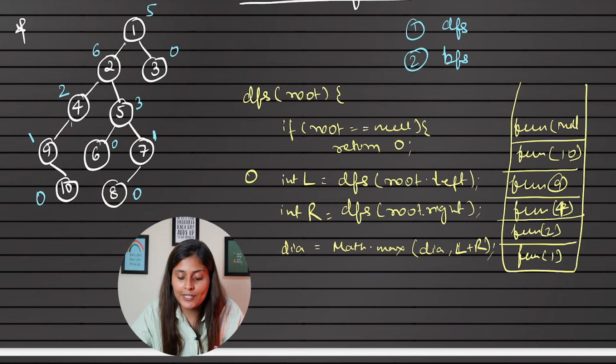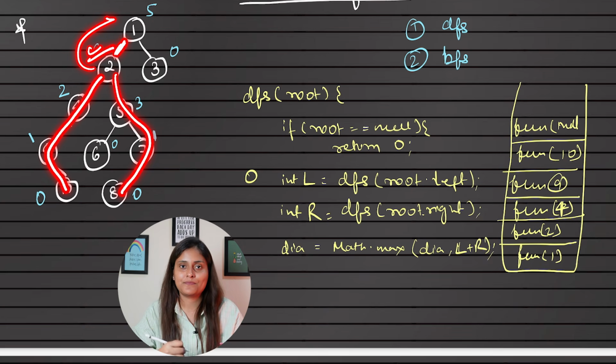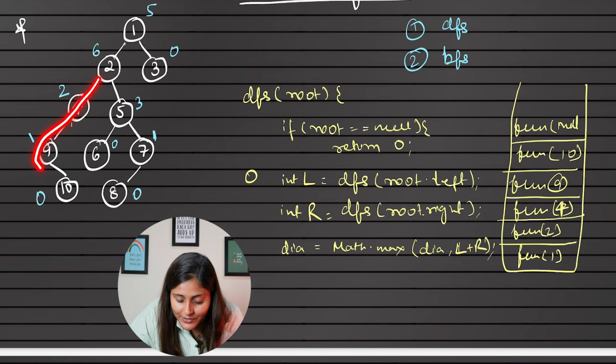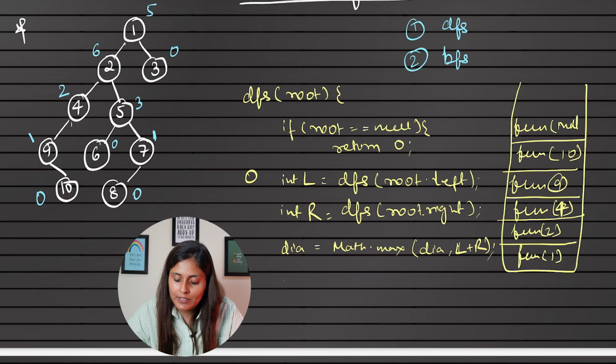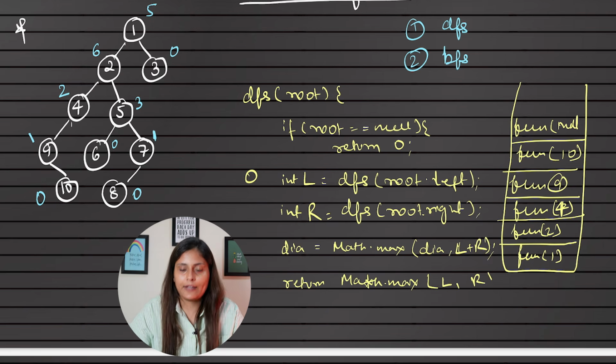So what are they returning? Can I say 2 is returning nothing but max of left comma right plus 1? Again, max of left comma right plus 1. Yes. So we will return Math.max of left, right.